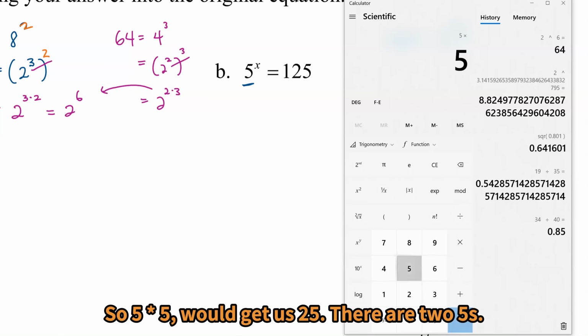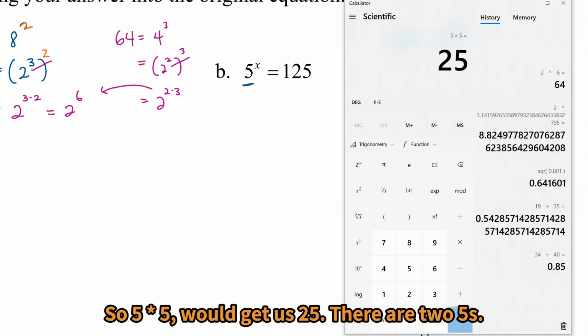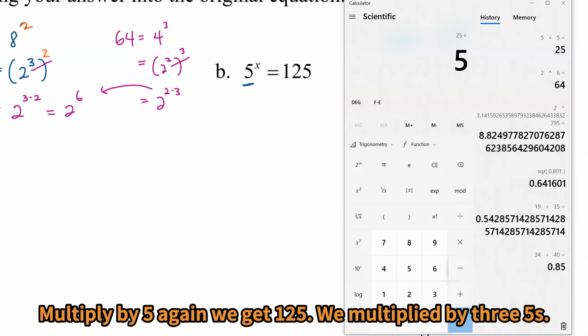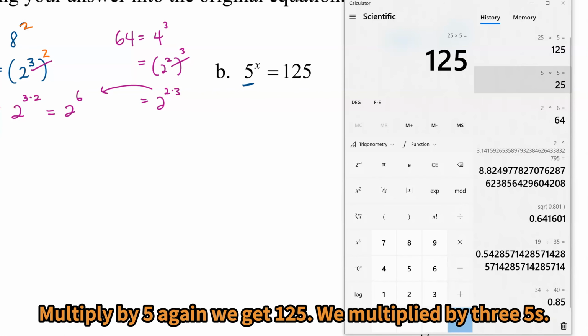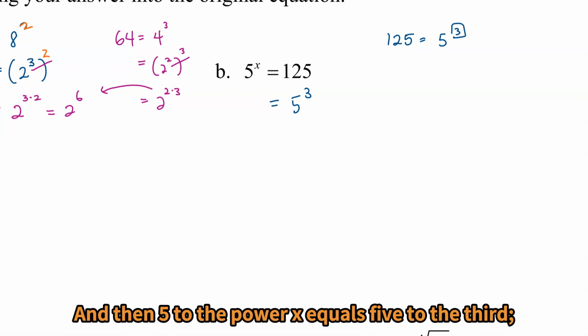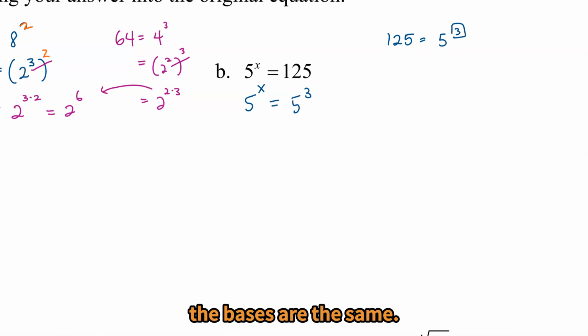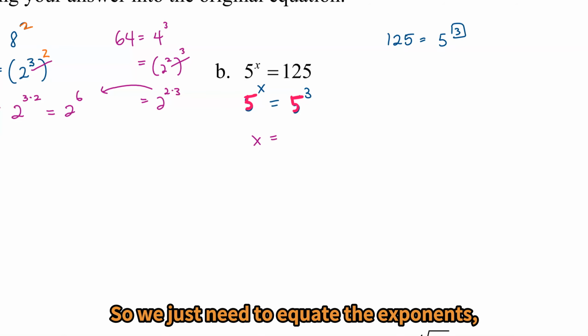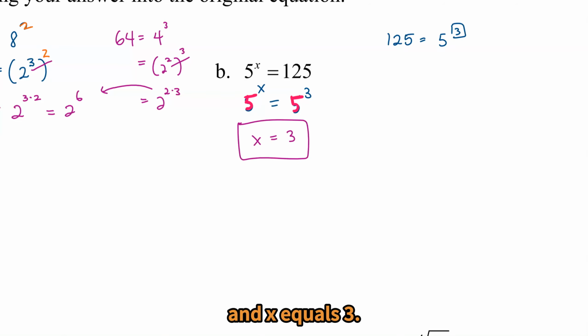So 5 times 5 would get us 25. There are 2 5s. Multiply by 5 again, we get 125. We multiplied by 3 5s, so 125 would be 5 to the third. And then 5 to the power x equals 5 to the third. The bases are the same, so we just need to equate the exponents, and x equals 3.